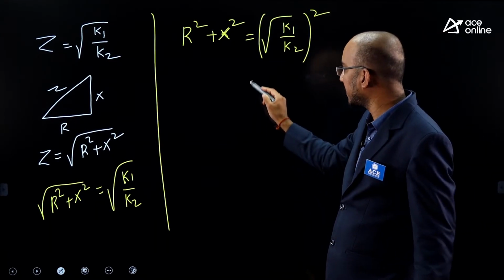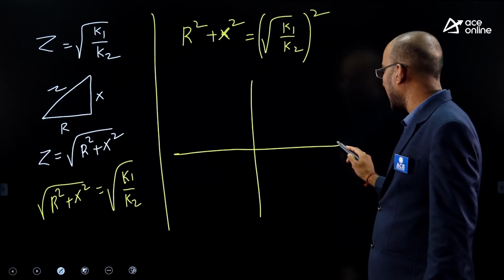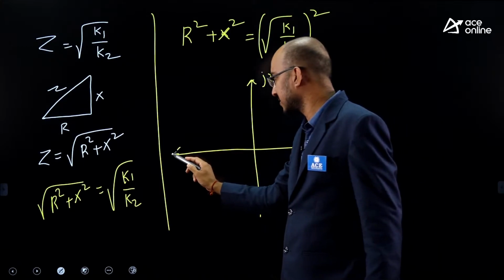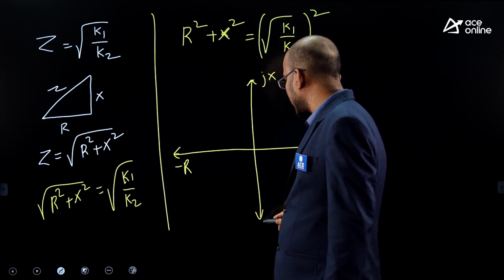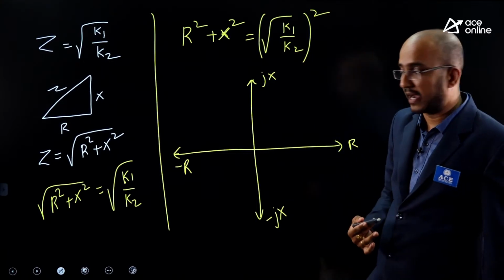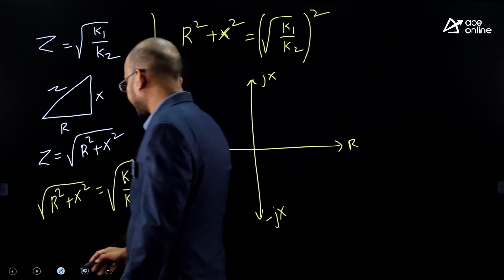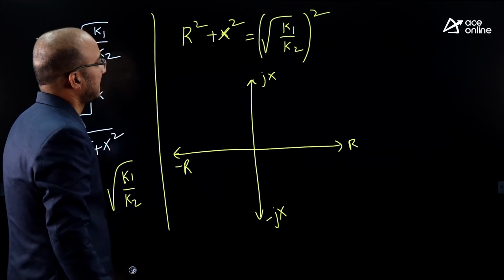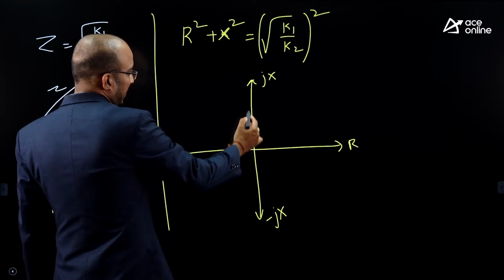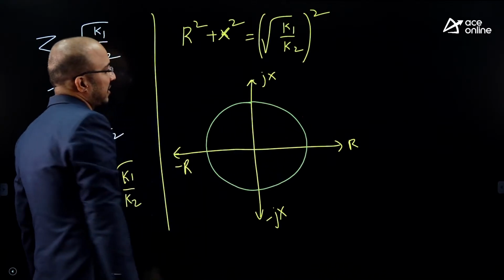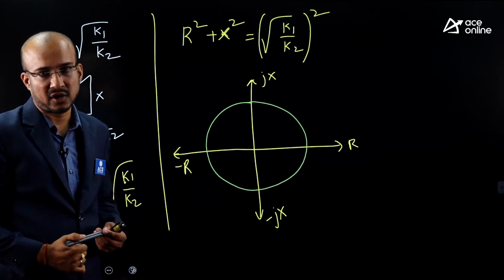Now we need to plot this equation in the RX plane, that is the resistance reactance plane. So if you plot this equation in the resistance reactance plane, what do you get? The characteristic of this impedance relay will be a circle with center at origin.